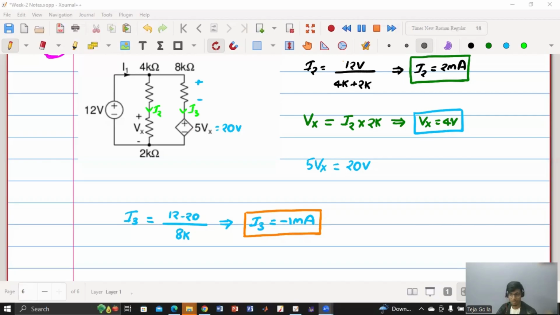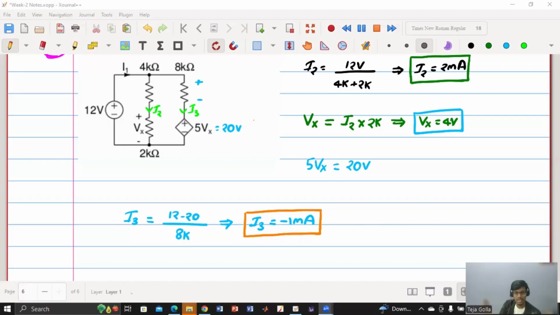It may consume power or it may deliver power. As far as theoretical questions are considered, we cannot make such assumptions until we get the current direction and voltage polarity. In a practical scenario, then we can apply the practical knowledge and these assumptions. But as far as theory is concerned, we cannot do that.